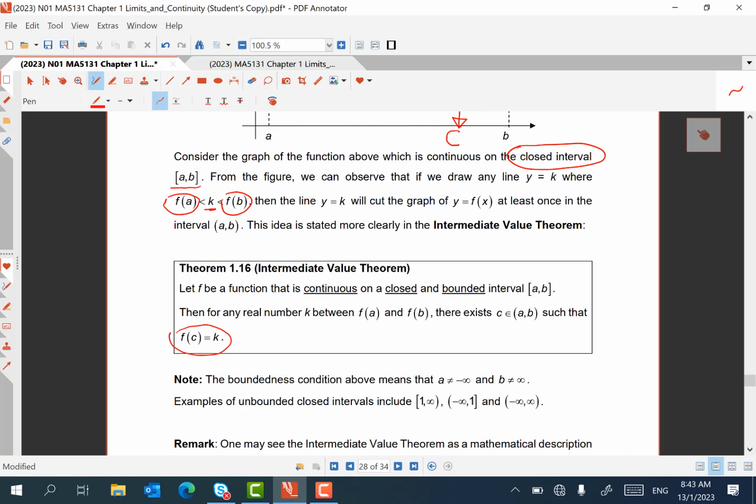Now, in the event you want to make use of this theorem, class, it is required of you, number one, to state the condition. What's the condition needed? Just one condition, that it must be continuous on the closed interval. You must state the condition. Number two, you should state the name of the theorem.